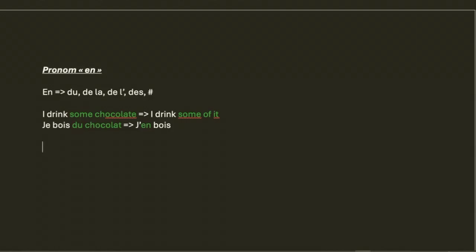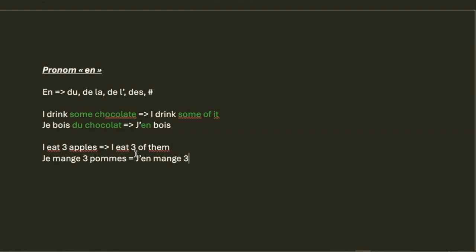Okay? Another one. I eat 3 apples. Or I can say, I eat 3 of them. Do you agree with me? Or in French, it's going to be, je mange 3 pommes. Look what I'm going to do. J'en mange 3.